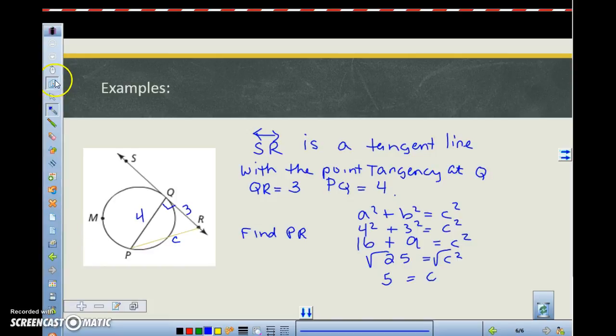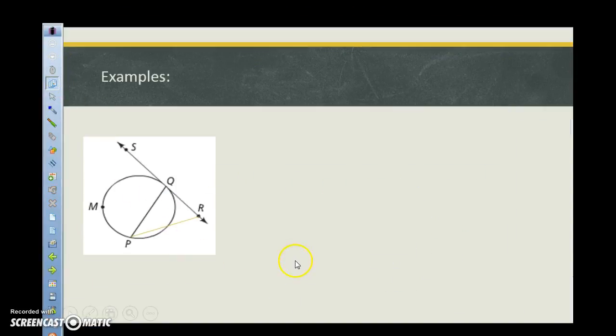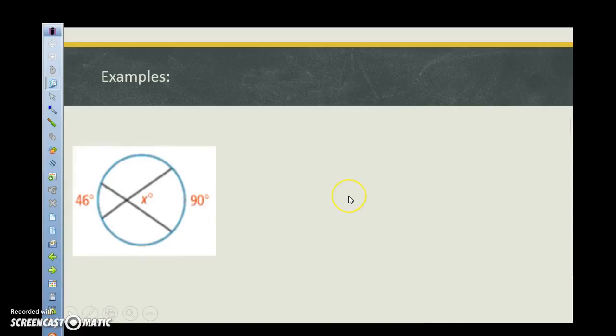All right, let's look at the next example. All right, this time we got arcs and angles. The vertex is on the inside, so you can look at your half sheet or formulas that we have. Do we add them? Do we take half? Do we subtract? Add them and then take half. Okay.